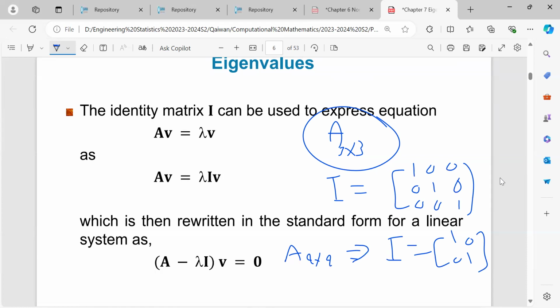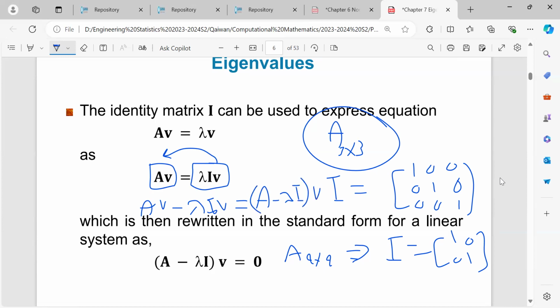Then we say AV is equal to lambda IV. Moving this to the left, we get AV minus lambda IV. If we take V as common, we get A minus lambda I times V. We set this equal to zero. V is an n-dimensional vector.